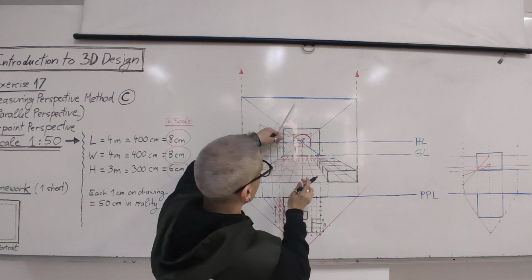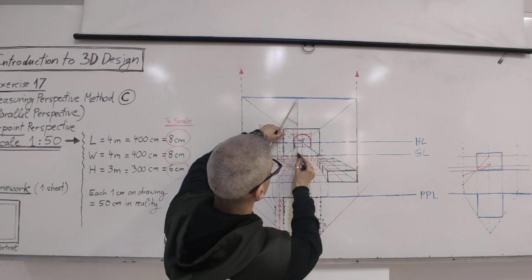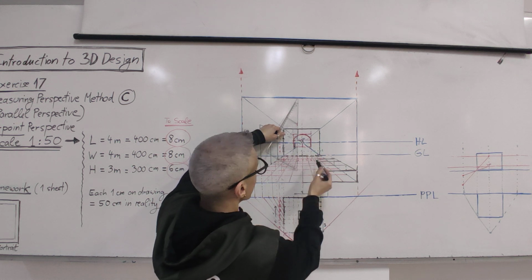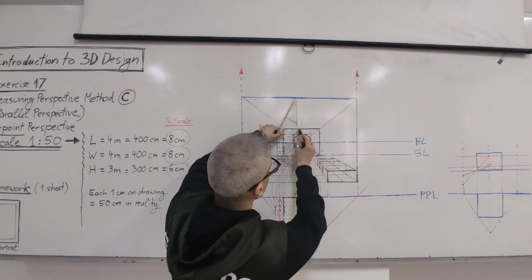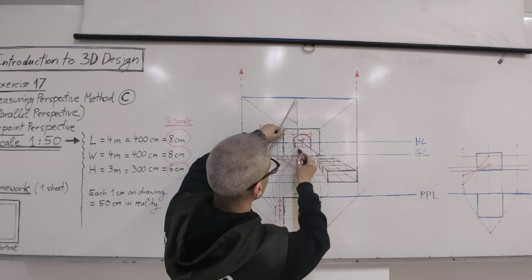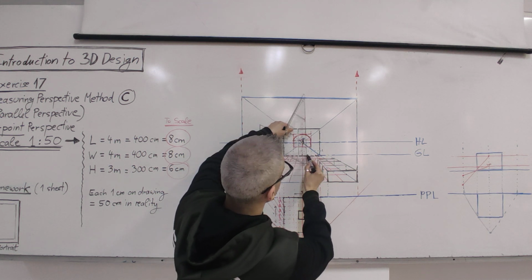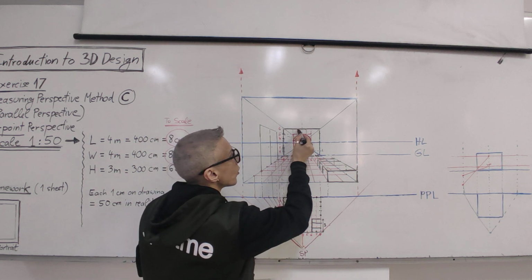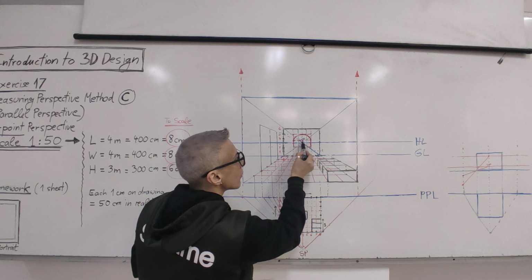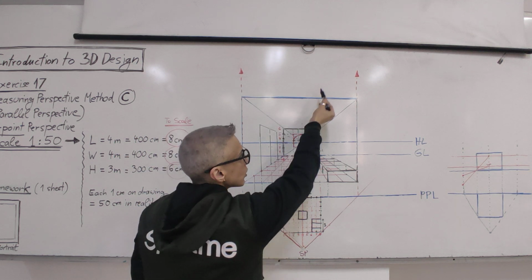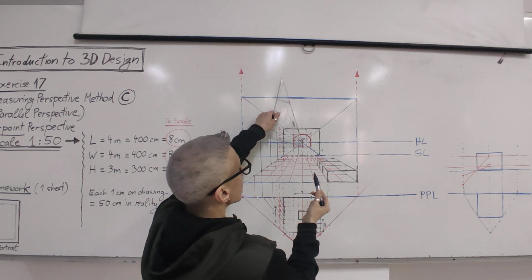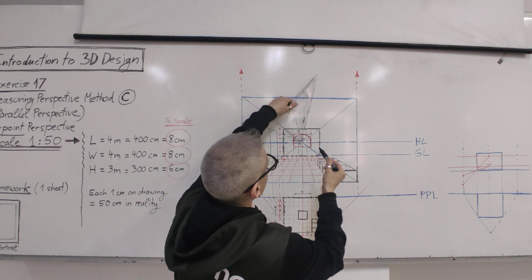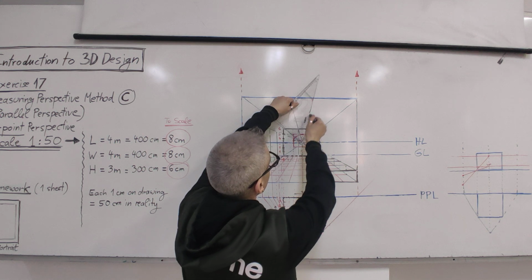So this one I will put up, these 2 lines, up, until we reach this line here. From here, let me put it again. And from this point up, until we reach this line. Now, from these 2 points, we will put through the vanishing point 2 lines, okay? So, VP through here, and VP through this point.